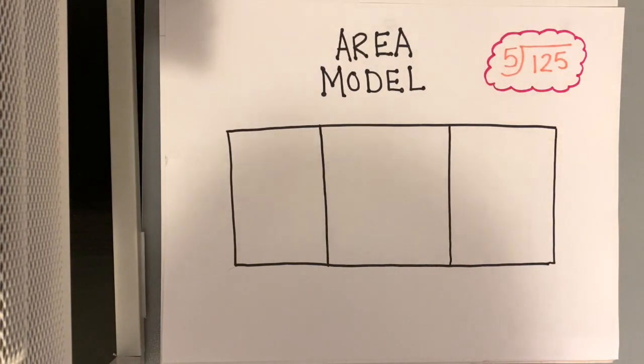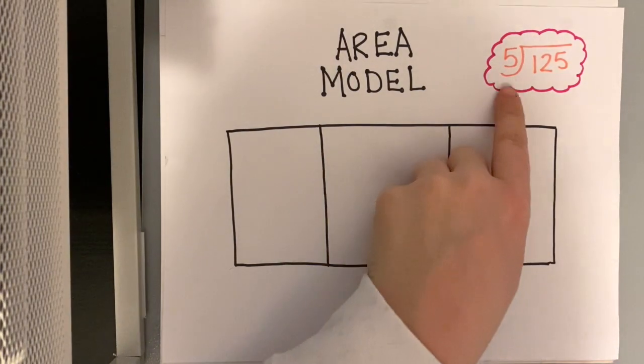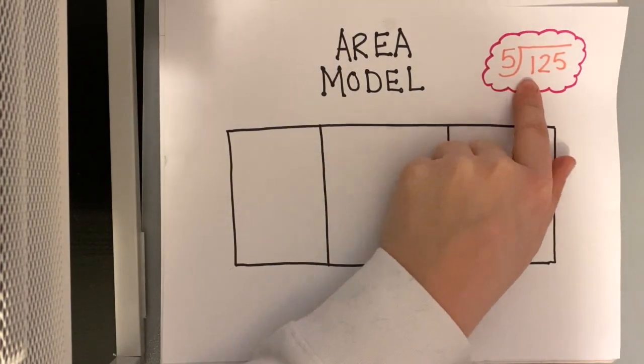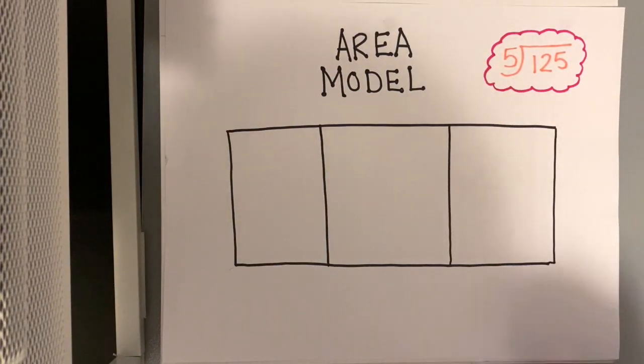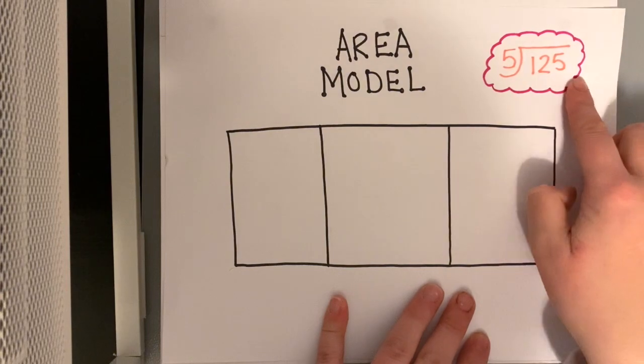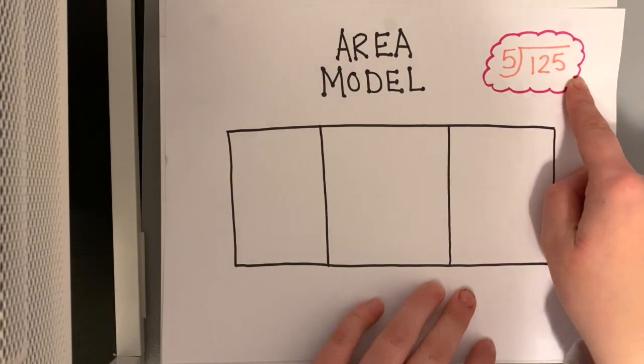Okay, so here we are. I've set up my piece of paper for area model, and the question I'm going to figure out is how many times 5 can go into 125. The first thing I have to do is split up my number 125 into its place value.